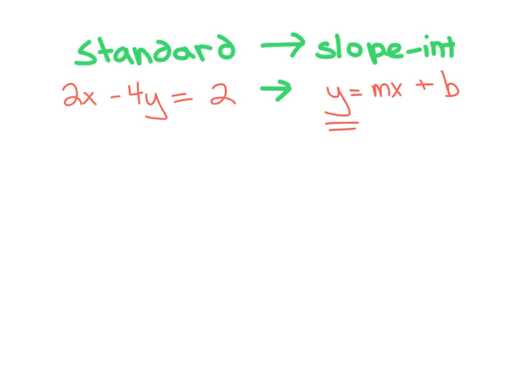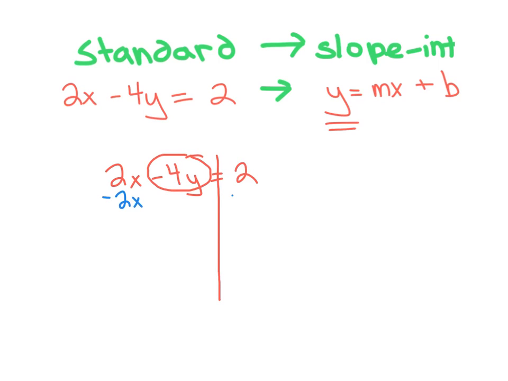To change this line to slope-intercept form, the first thing I'm going to do is draw my line through the equal sign and circle what I touch last, which is my negative 4y. So I'm going to move that to positive 2x by subtracting 2x from each side.